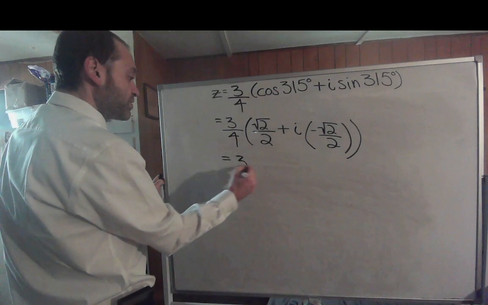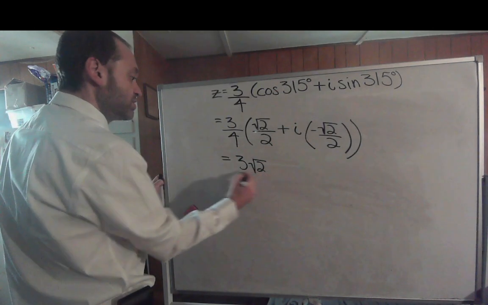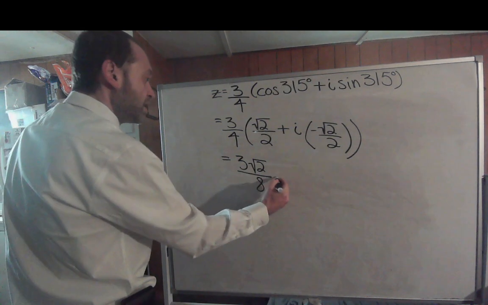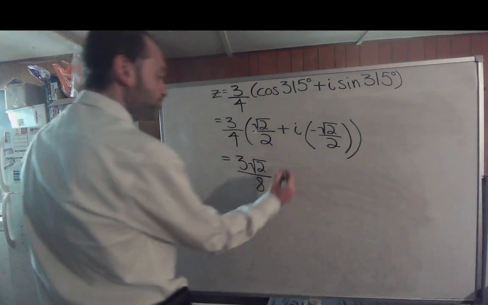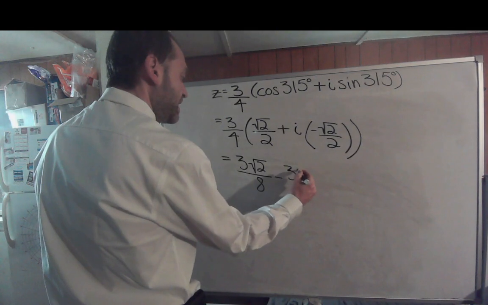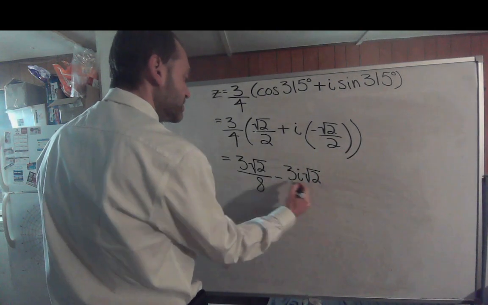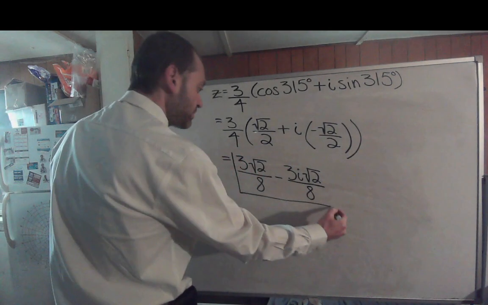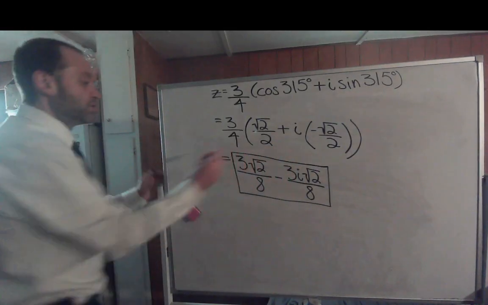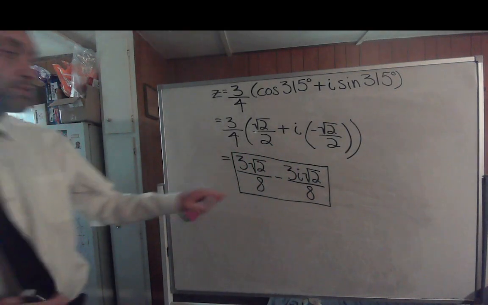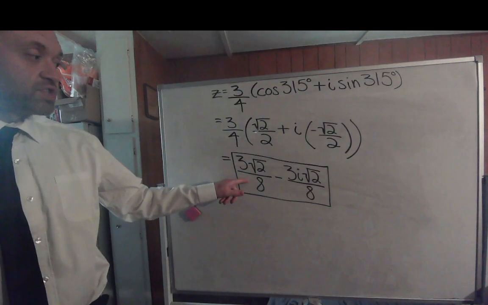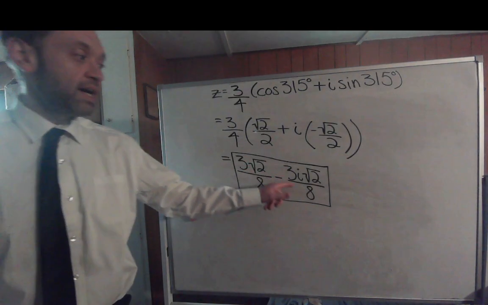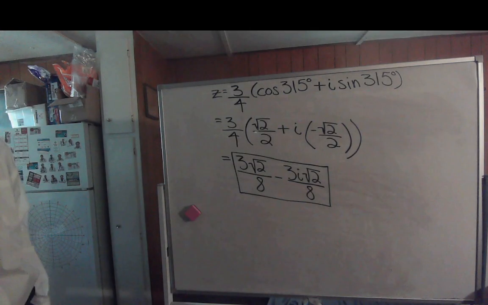You'll end up getting 3 times the square root of 2 over 8 minus 3i times the square root of 2 over 8. So in standard form, this should be 3 times the square root of 2 over 8 minus 3i times the square root of 2 over 8.